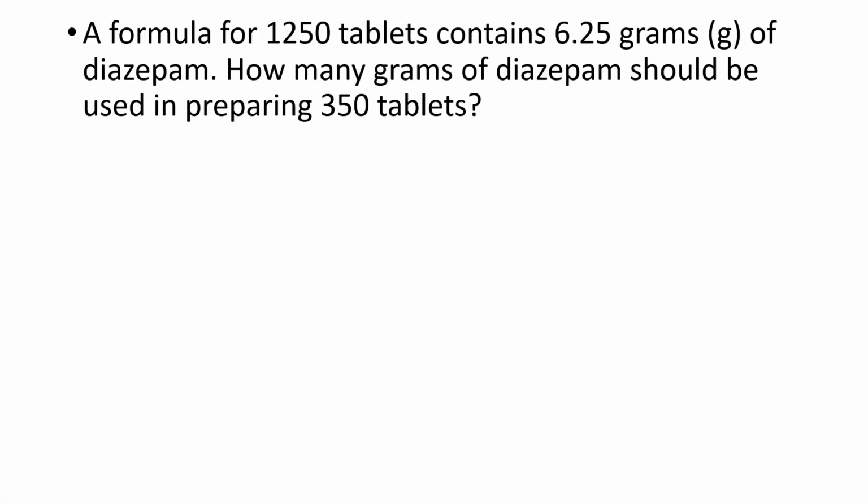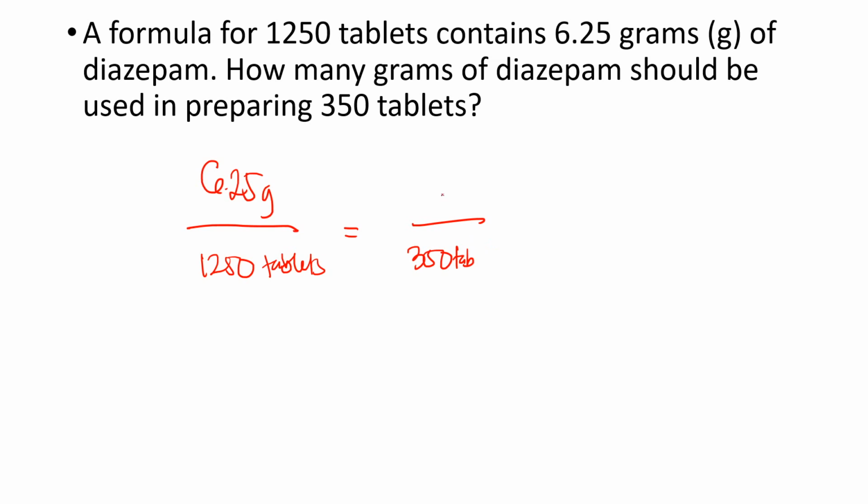Next, a formula for 1,250 tablets contains 6.25 grams of diazepam. How many grams of diazepam should be used in preparing 350 tablets? So the ratio is 6.25 grams of diazepam is in 1,250 tablets. If we're preparing 350 tablets, how much do we need?